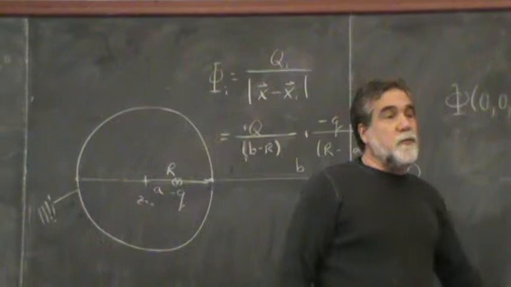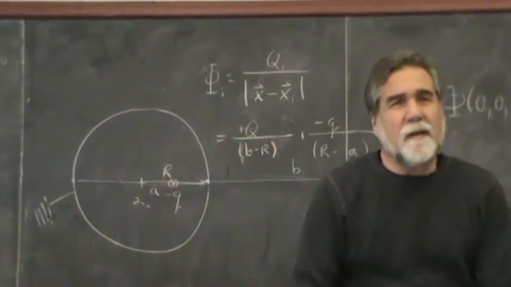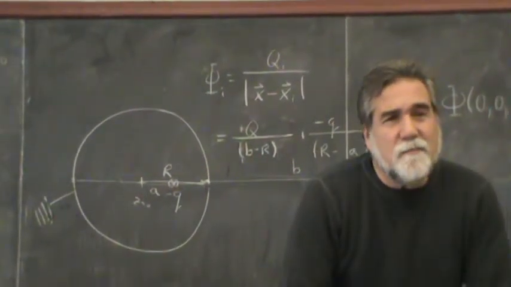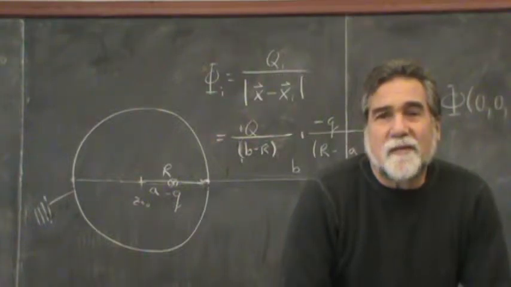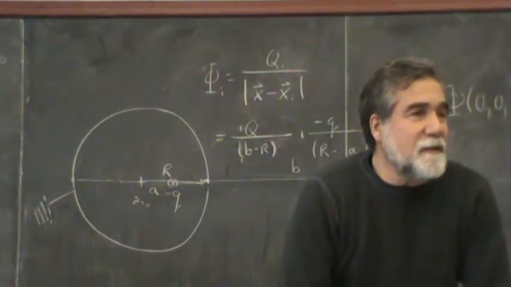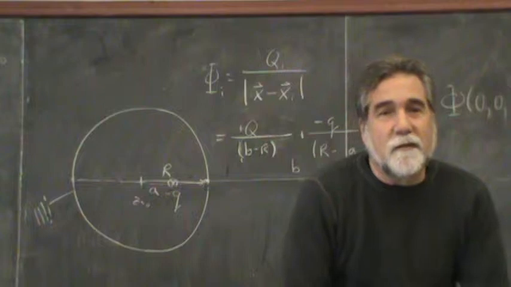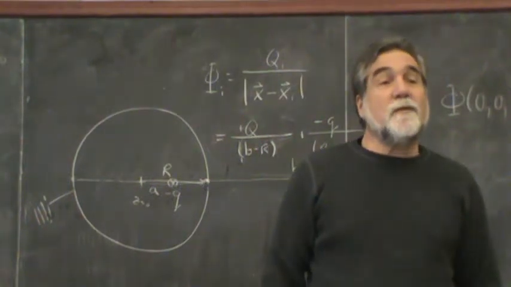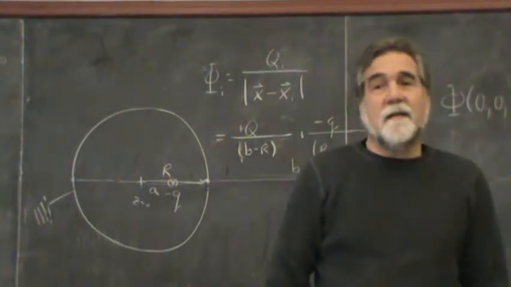All right. During break, I was asked another question, which was, couldn't we just solve this using the series solution of the Laplacian in that region of space out there? And the answer is absolutely yes. Yes, we can.